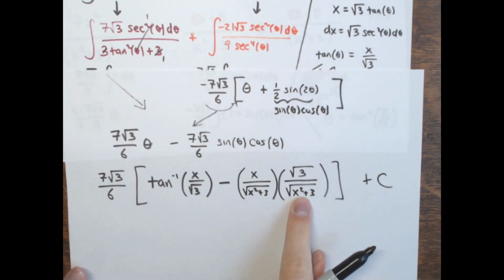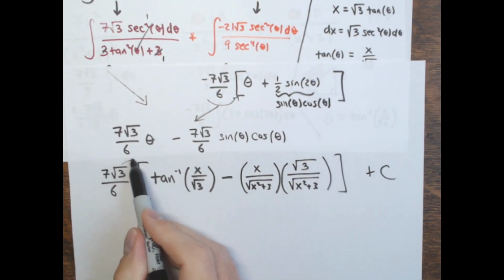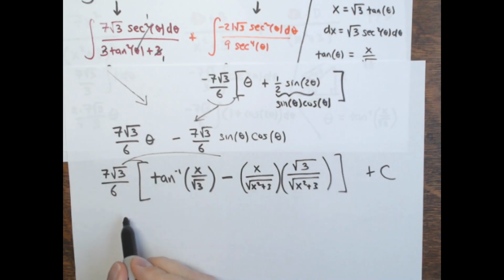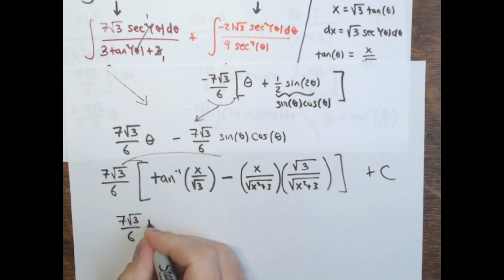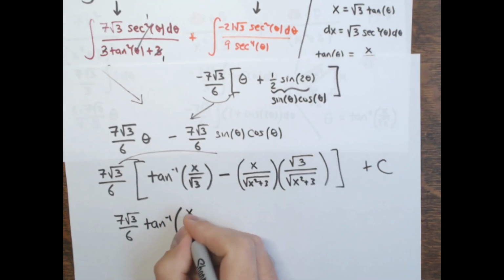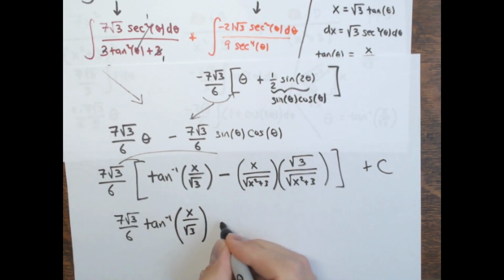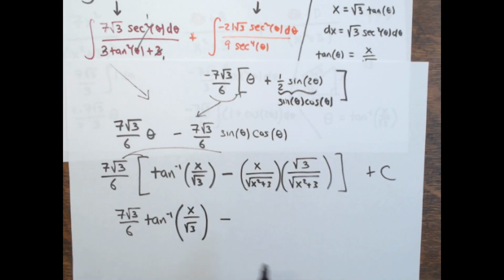Now, when I put these together, though, I'll distribute this back, actually. When we get the following, we get 7 root 3 over 6 times the inverse tangent, or the arctangent, of x over the square root of 3, and then minus, now you'd have 7 root 3 and another root 3 in the numerator.